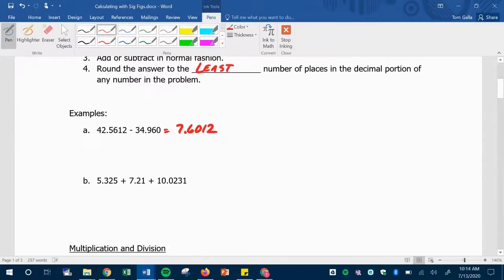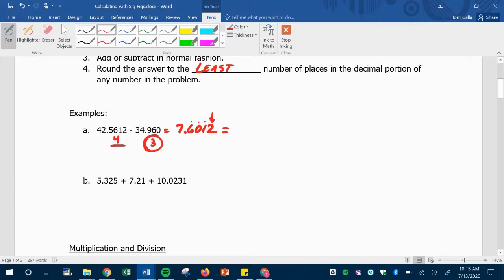Now let's look at how we have to round based on sig figs. Our first number has 4 digits after the decimal, while our 34.960 only has 3. Because there are 3 in this number, we have to round our final answer to 3 decimal places. So we keep the 6, the 0, and the 1, and then we look at the next number to see if it rounds up or down.